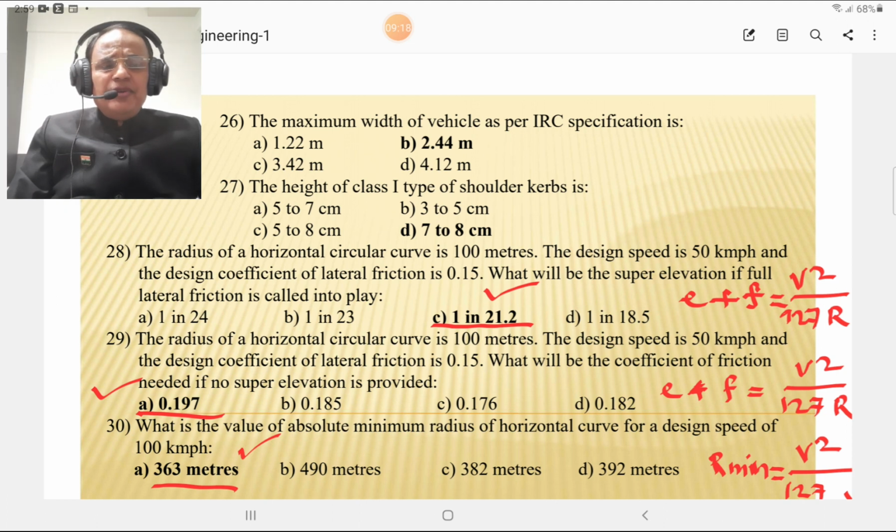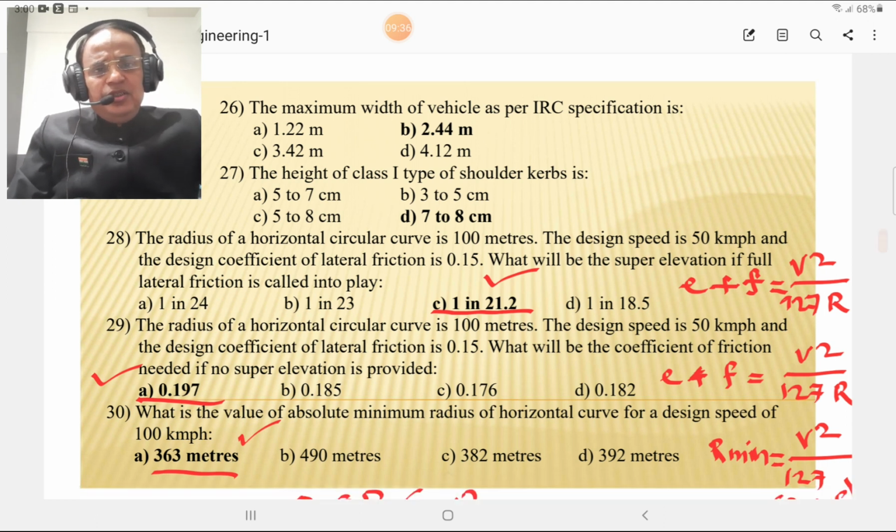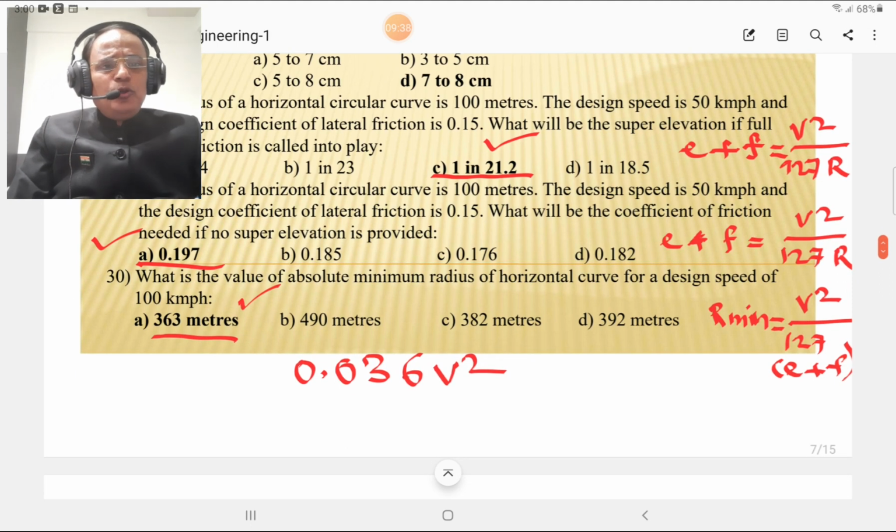If no super elevation is to be provided, then value of E is 0. So use the formula F is equal to V square upon 127 R. You will get the value of F, that is coefficient of friction, that is 0.197.